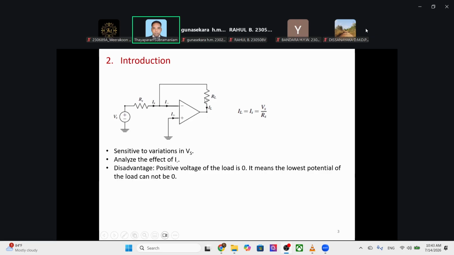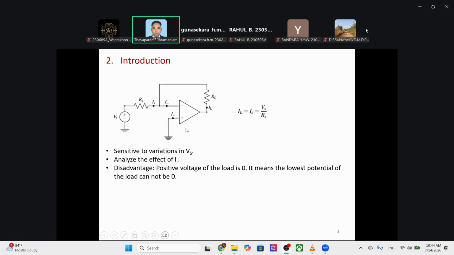Again, if you look at RL, the power consumption in the RL is acceptable because it's a load. But power consumption in the RS is not acceptable, right? But anyway, if there's a source, there's a series resistance. If you leave that apart, there's no other resistance.